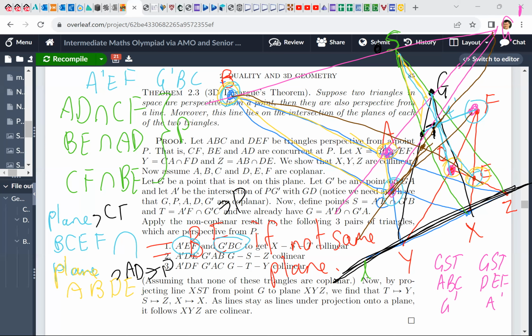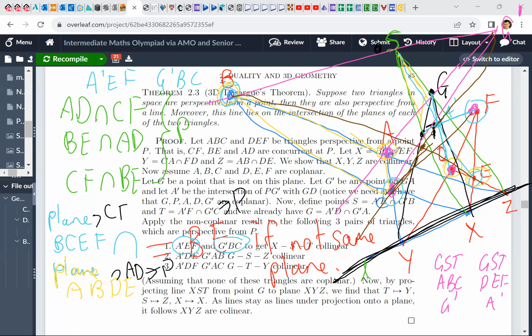Just to catch you up, G prime is the intersection of BS, AG, and CT, and A prime is the intersection of TF, GD, and ES.